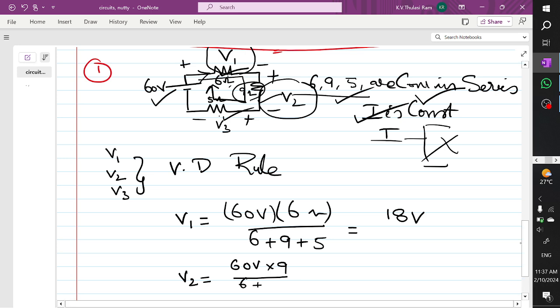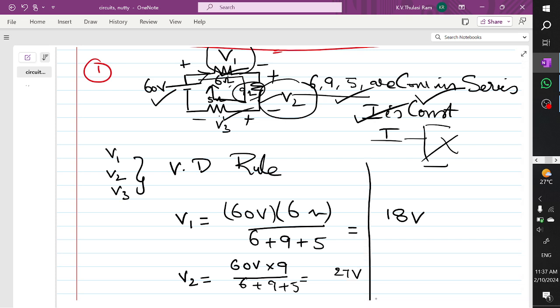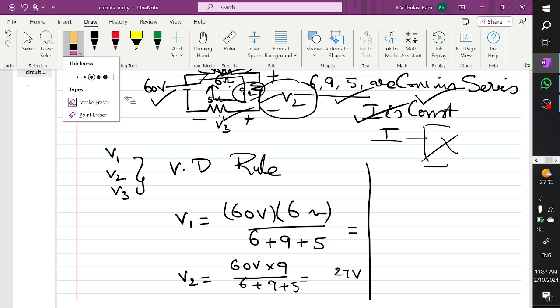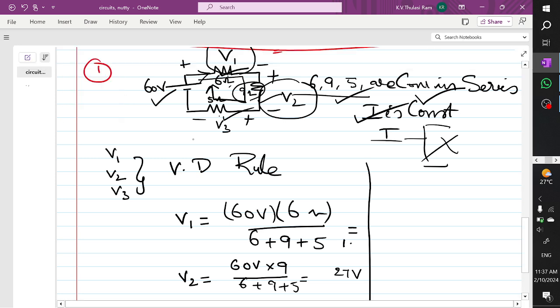So 6 plus 9 plus 5. When you perform the multiplication, you are going to get 27 volts. Let's find out the next one.